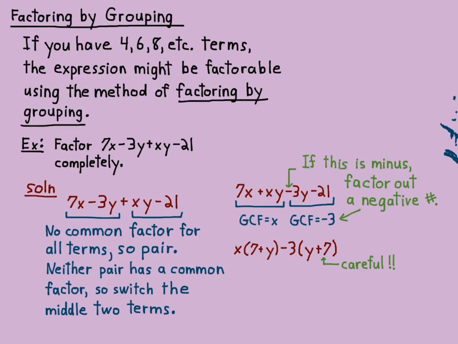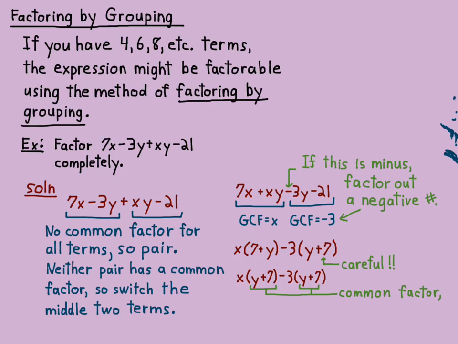So I just rewrote it, switching the 7 plus y to y plus 7, to make it more obvious that these two are the same factor. So the common factor here is y plus 7. That whole thing in parentheses, y plus 7, is a common factor.